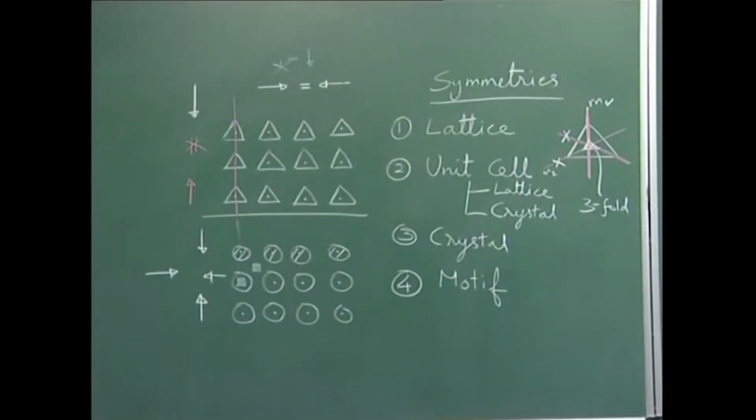So, we come across the second principle, that if the symmetry of the motif is lower than the symmetry of the lattice, when I am talking about the symmetry of the motif, I am also worried about the orientation of the motif. Like in this case, suppose I had rotated the triangle, then there could be no symmetry element common between the lattice and the motif. If I arbitrarily rotate the triangle, then in that case the symmetry of the crystal will be even lower.